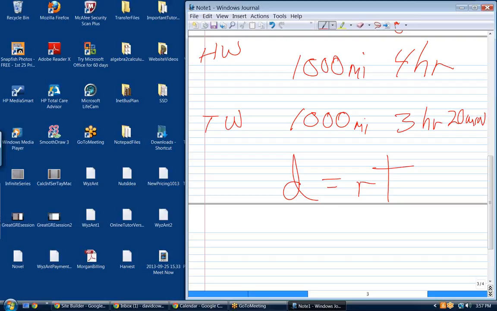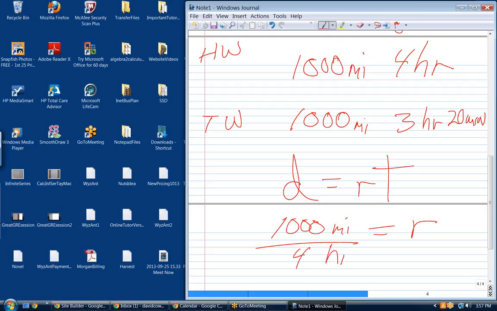You have 1,000 miles divided by 4. Let's check our units and make sure they are correct. We're solving for rate. Rate should be in miles per hour. That's equal to 250.